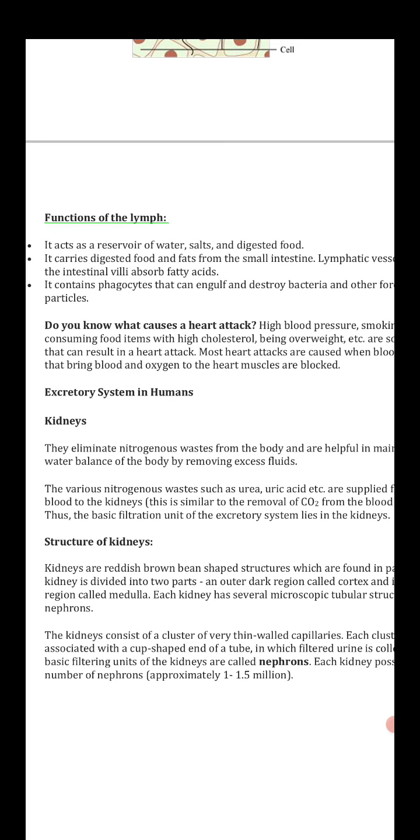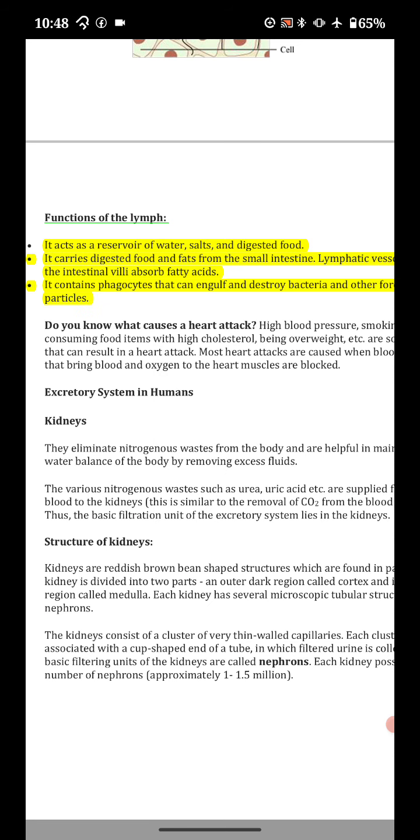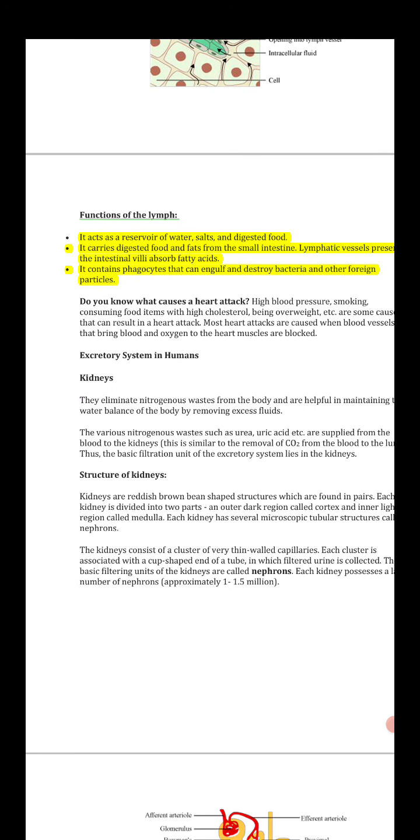This is the reservoir substance. Second, it carries the digested food and fats from the small intestine, and it contains phagocytes that can engulf and destroy bacteria and other foreign particles. So this serves as our protecting substance in our body.